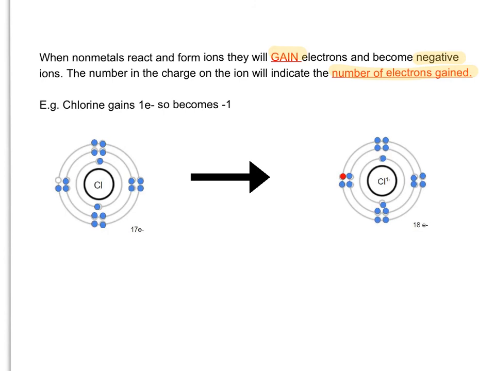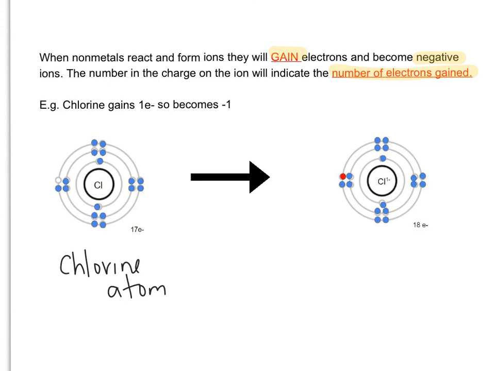Over here on the left, we have a chlorine atom with 17 electrons. It's got an atomic number of 17. So its valence shell is almost full. So it's going to gain 1 instead of losing 7.